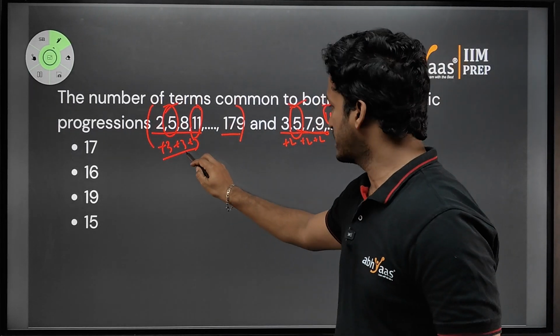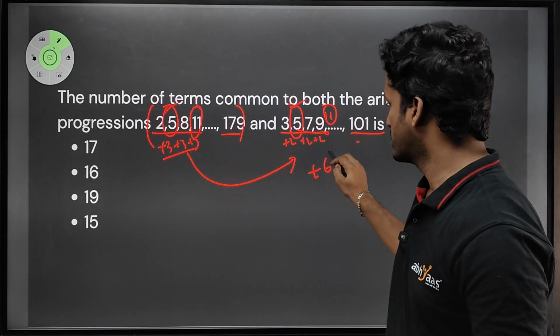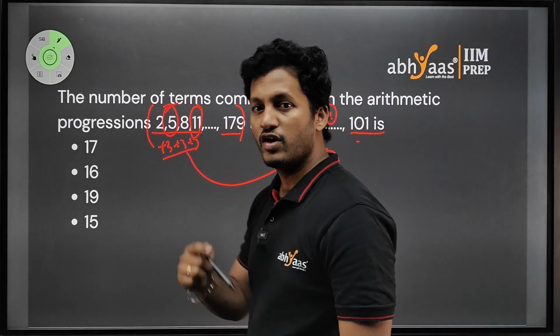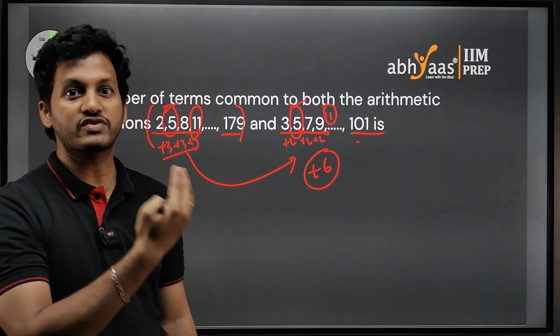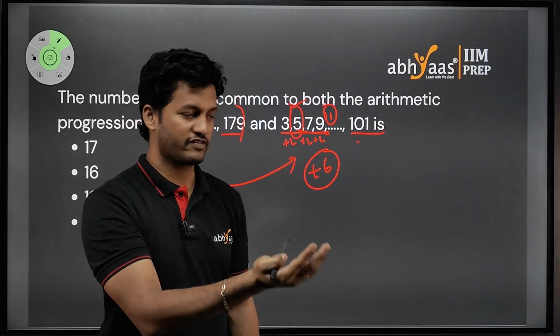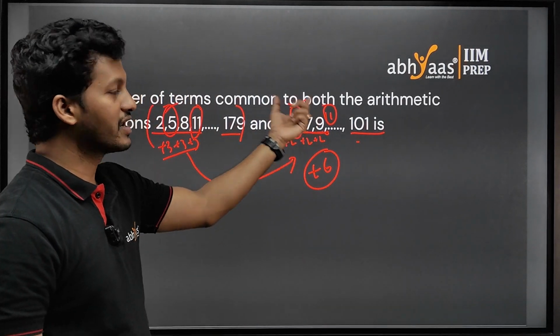So the LCM of 3 and 2 would be 6. That means after 5, for every addition of 6, that is a common difference of 6, we will get another common term.